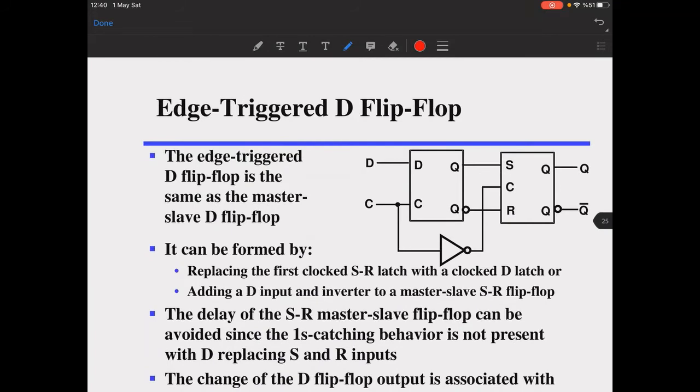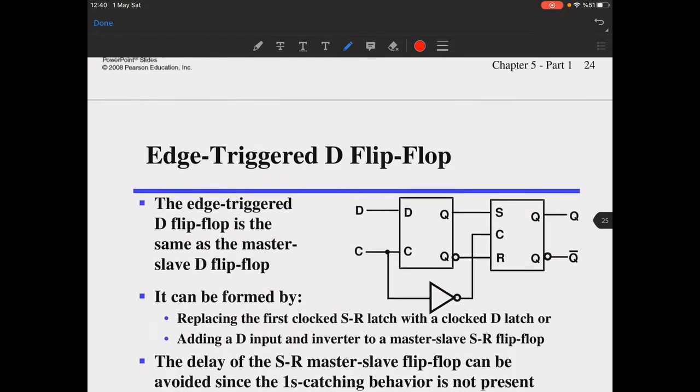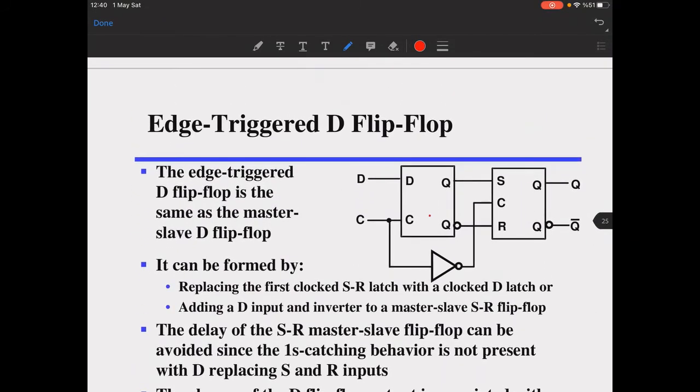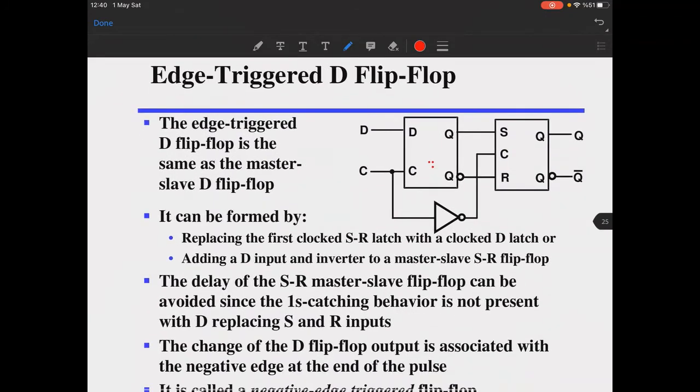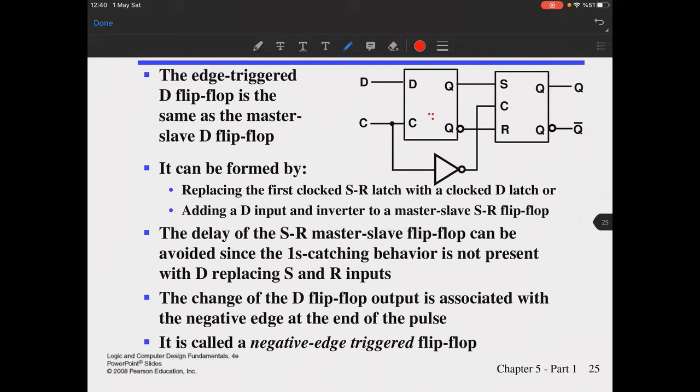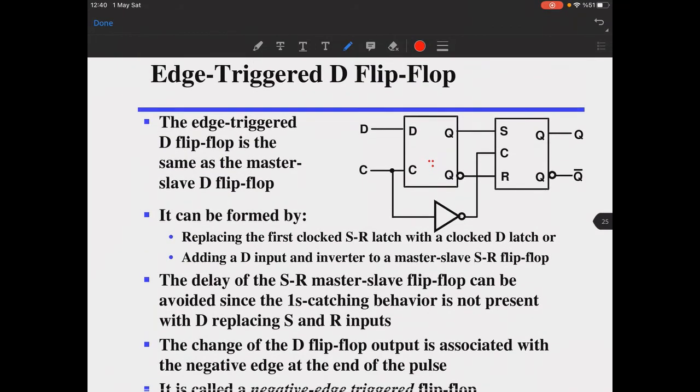So when you replace this SR latch with a D latch here on the first SR latch, it means that now the ones catching behavior can be avoided. In this sense, the output is observed. Look at this one.